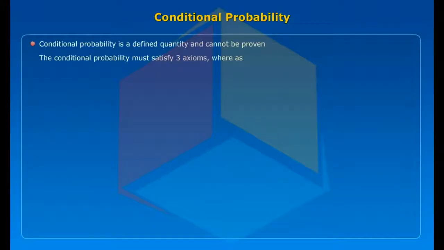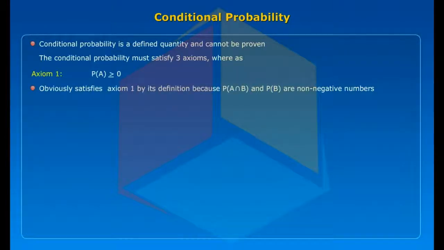Conditional probability is a defined quantity and cannot be proven. The conditional probability must satisfy three axioms. Axiom 1: P(A|B) is greater than or equal to 0. This obviously satisfies axiom 1 by its definition, because P(A ∩ B) and P(B) are non-negative numbers.